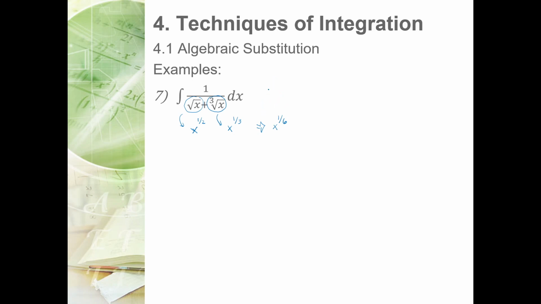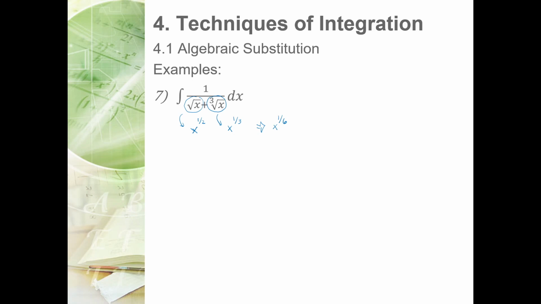Later on you'll be able to appreciate that once we use 1/6, we can eliminate both the square root of x and the cube root of x at the same time. So what I suggest here is, to understand this, you need to eliminate both radical expressions at once, and we need just one variable z to do that.